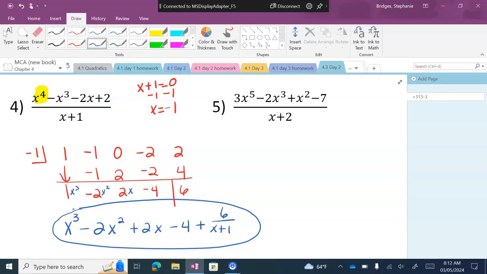We don't have x to the 4th, so that's why that's there. And then your x to the 3rd would be negative 2, and then your x squared is 1. And then you don't have an x, so you need to put 0. Does that make sense? You're looking at the first one. Multiply both of those, put them below.